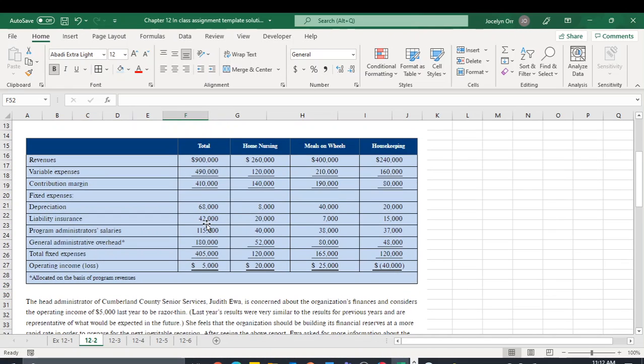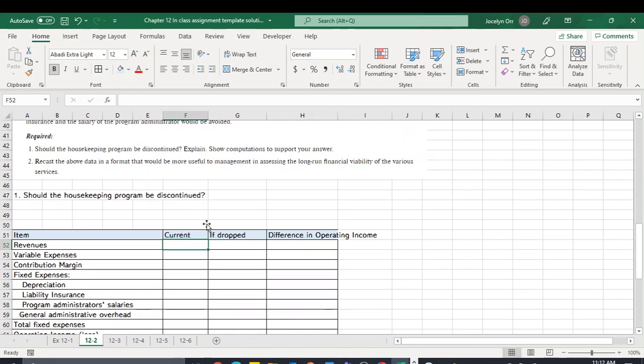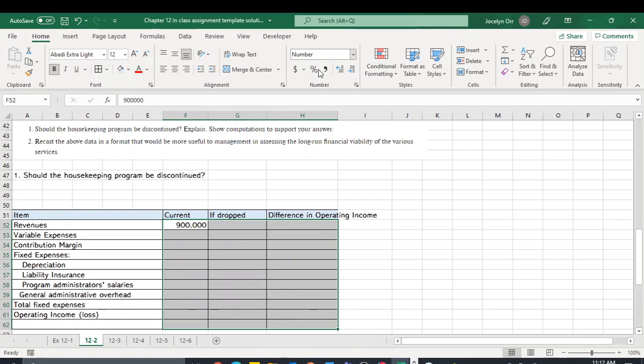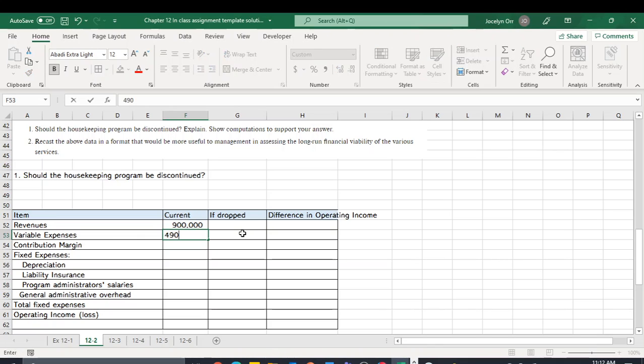So this is in total. Our revenues are $900,000. Going to change my number formatting here so I don't have to do it for each number. And rather than scrolling back and forth, I'm actually going to copy from the question directly. So our variable expenses are $490,000.